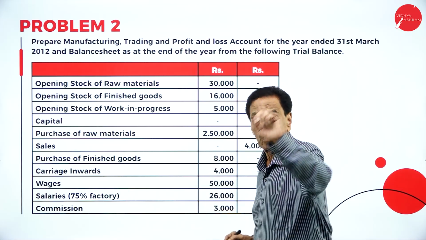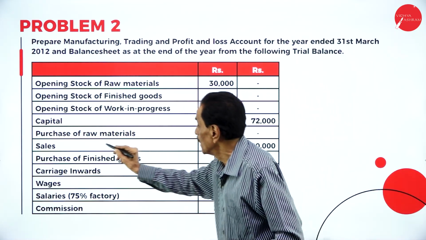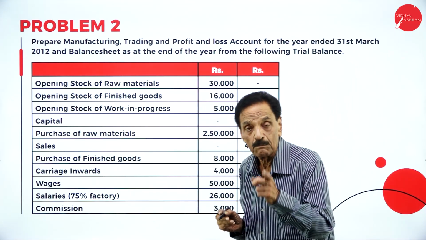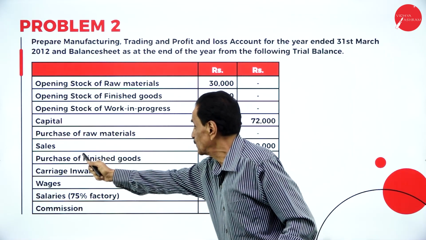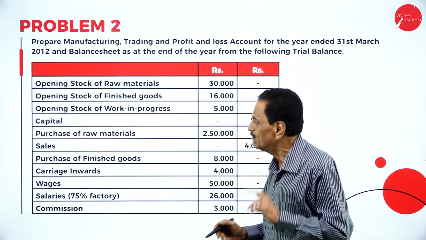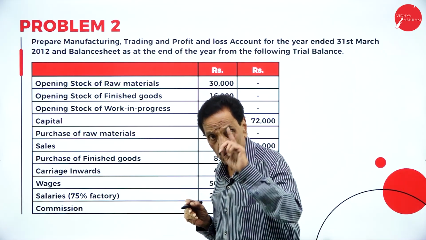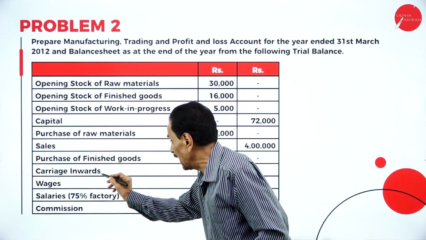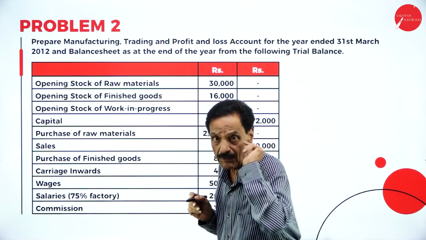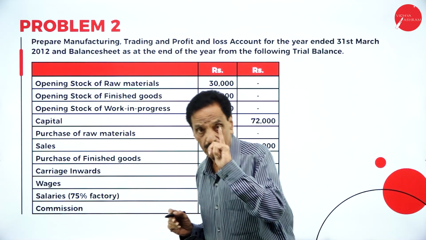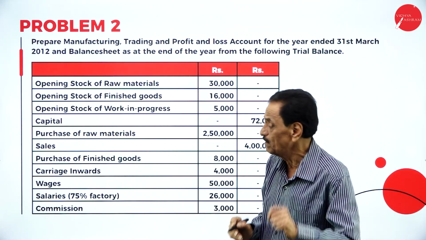Capital goes directly to the liability side of the balance sheet. Purchase of raw material will come in manufacturing account. Sales goes to trading account. Purchase of finished goods goes to trading account. Carriage inward will come in manufacturing account. Wages will come in manufacturing account.